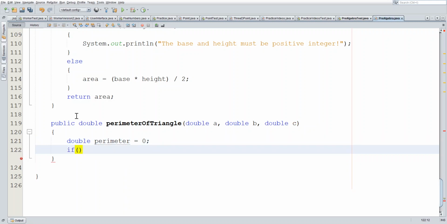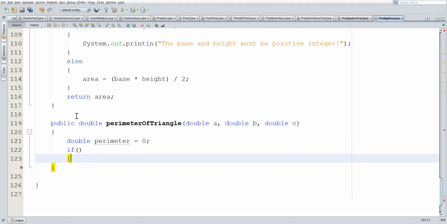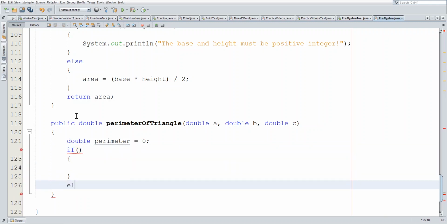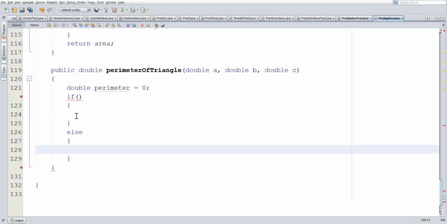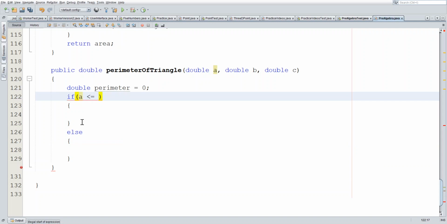Now, the if statement's going to be a little bit lengthier than the other if statements we have. I'm going to go ahead and put the else statement right away, so all our body's set up and ready to go. So if A is less than or equal to 0, or B is less than or equal to 0, or C is less than or equal to 0.